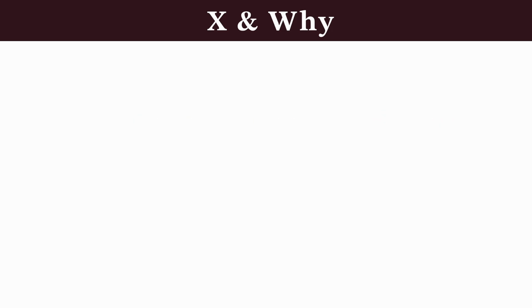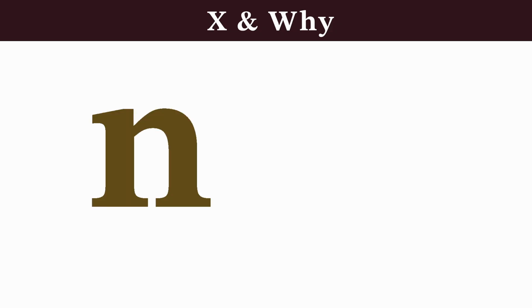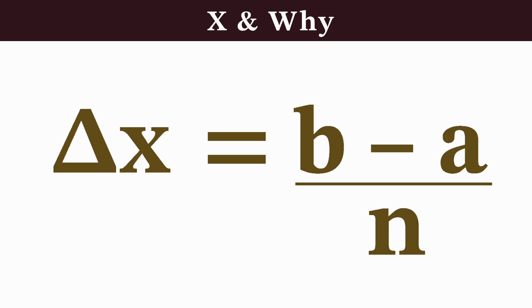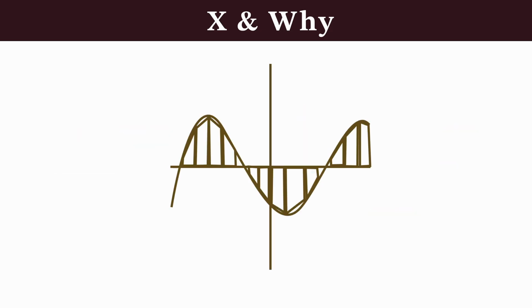Like the other Riemann sums, for a trapezoidal sum, you will first have to divide the interval into n equal subintervals. The width of each subinterval is denoted by delta x, which is b minus a over n. Instead of a rectangle, each subinterval will form a trapezoid.